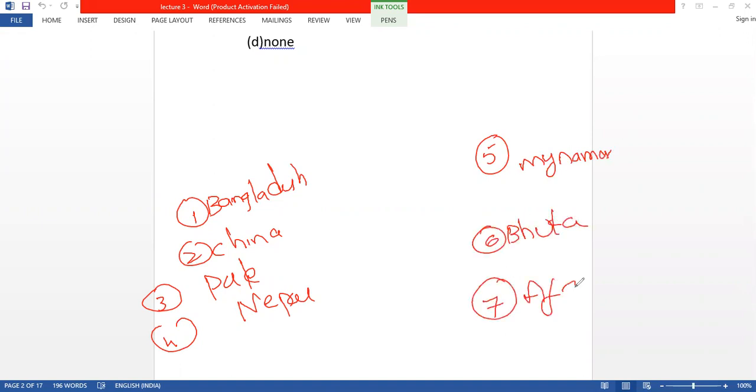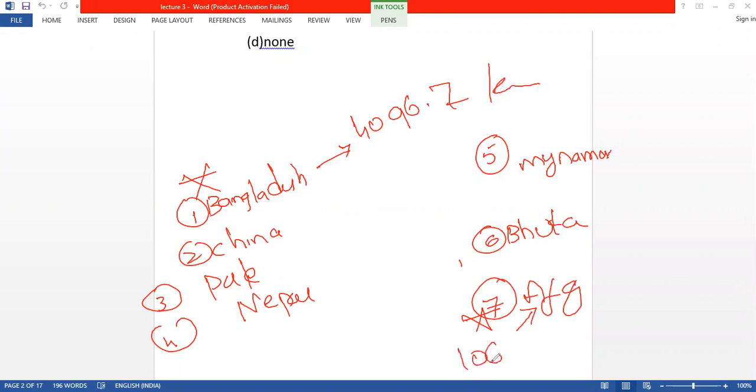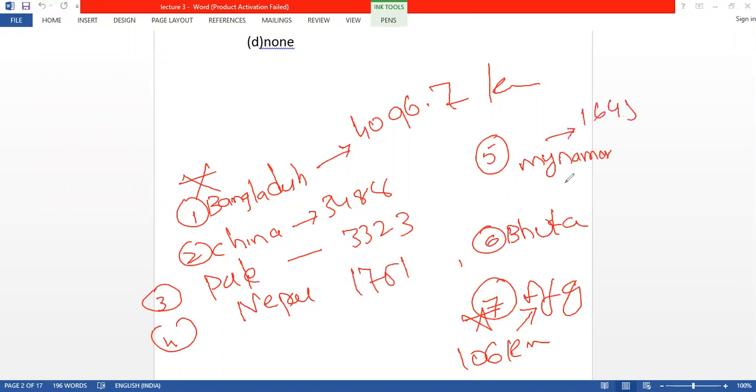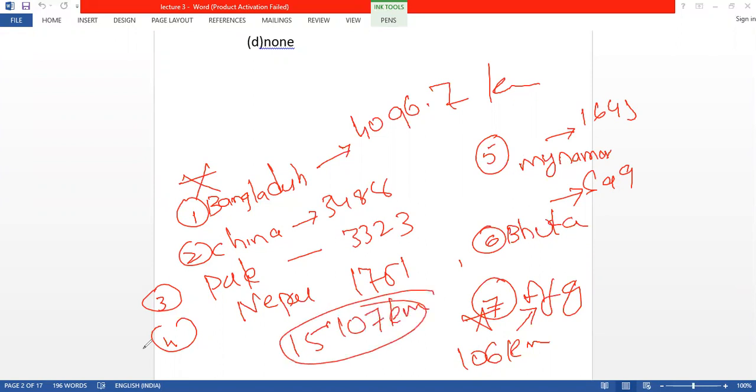Seventh, Afghanistan. So the highest is Bangladesh, the smallest is Afghanistan. Bangladesh is 4096.7 kilometers, don't forget it. Afghanistan is 106 kilometers. China 3488, Pakistan 3323, Nepal 1753 kilometers, Myanmar 1643 kilometers, Bhutan 699. If you add, you will get 15107 kilometers total. India shares this much.